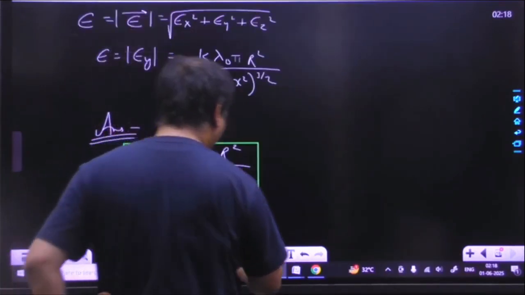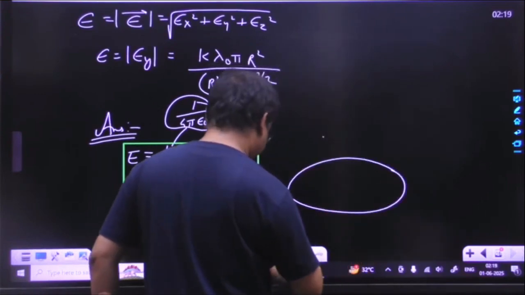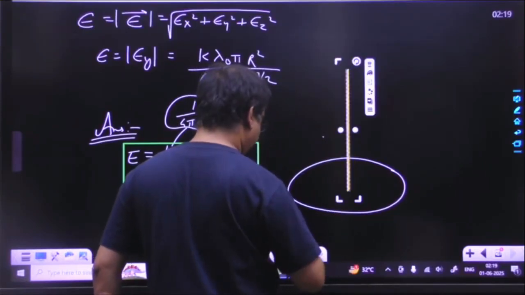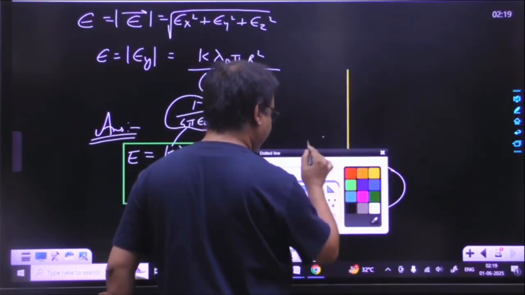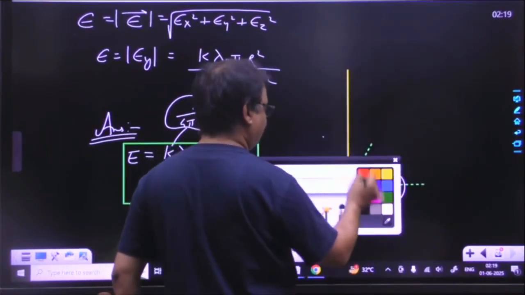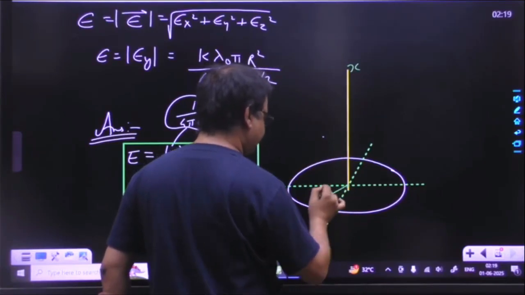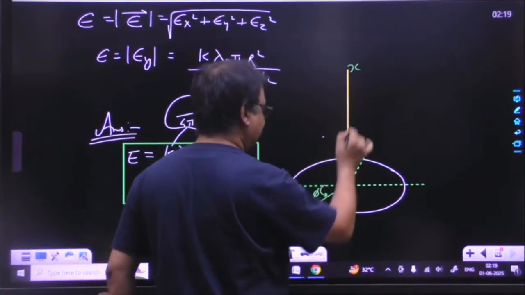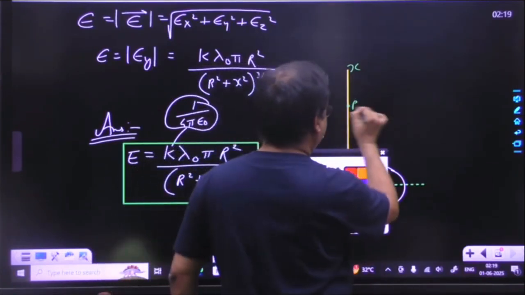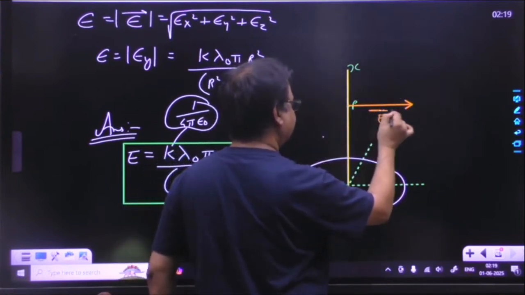The problem is demanding only the magnitude of the field, but if you want the direction too, in this figure we have taken the coordinate system like this. That was the x-axis, this is the y-axis, and this is the z-axis, and the azimuth is taken from the y-axis as a reference line. So at a point P, the net field is coming along the negative y-axis like this.